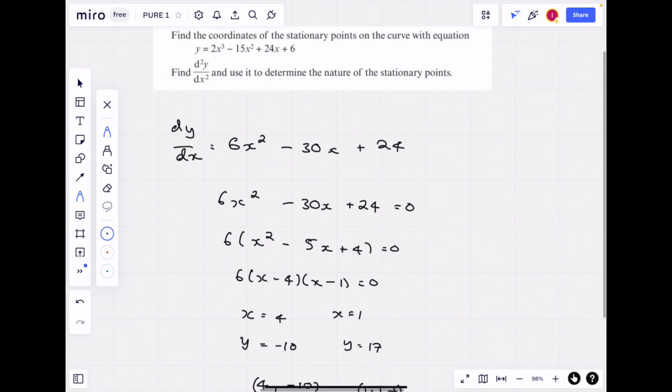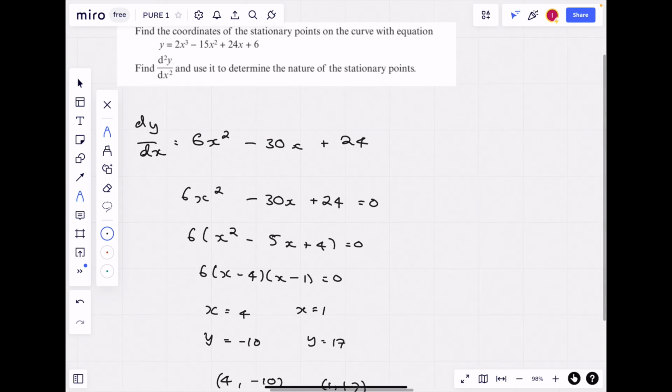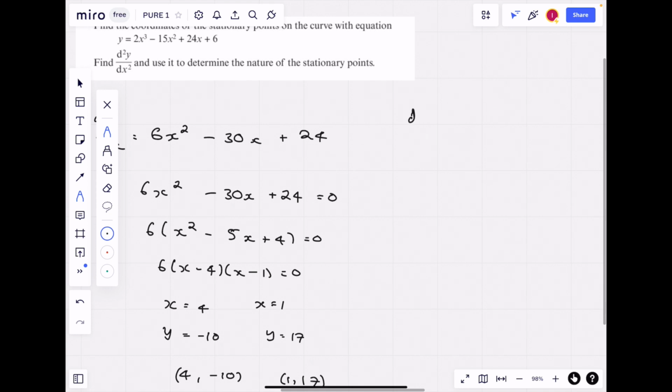Cool. The second part of the question says, find d squared y by dx squared and use it to determine the nature of the stationary points. So, can you work out the second derivative, please? So you should have gotten d squared y by dx squared equals 12x minus 30. You sub in each x value. D squared y by dx squared when x equals 1 is minus 18.